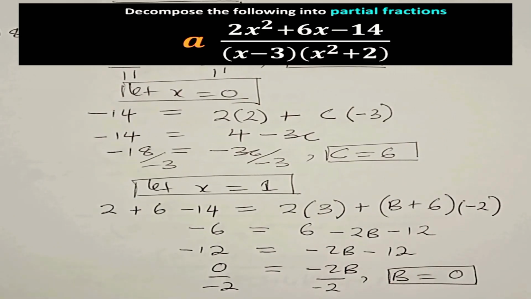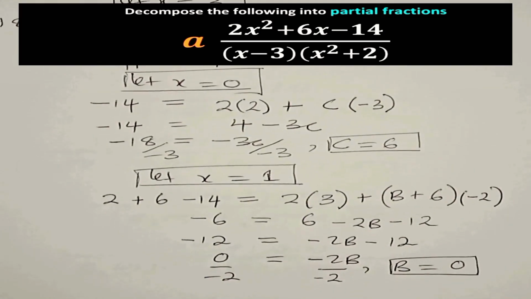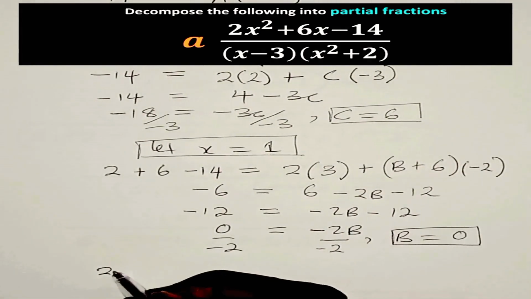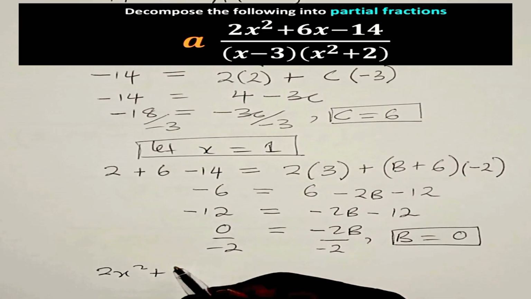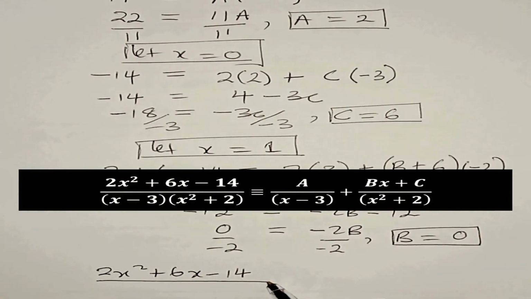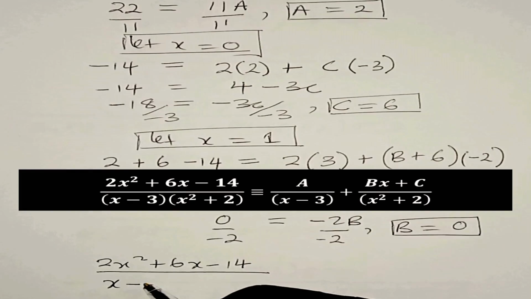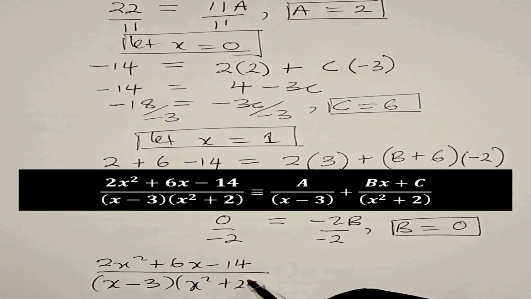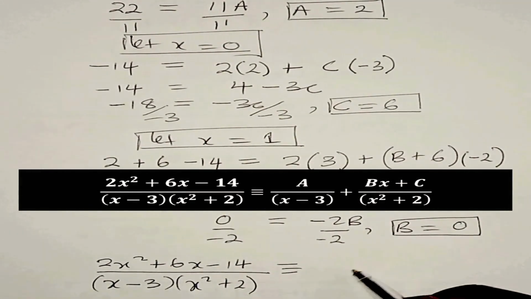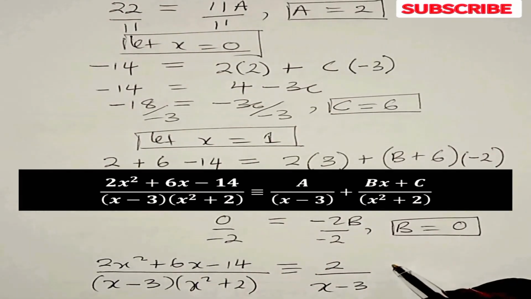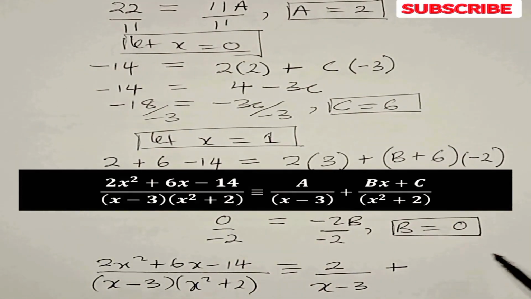All right. Now let's rewrite that fraction. That fraction can be rewritten as 2x squared plus 6x minus 14 divided by x minus 3 times x squared plus 2, which is identical to A over x minus 3 plus Bx plus C over x squared plus 2. A is 2, B is 0 and C is 6.